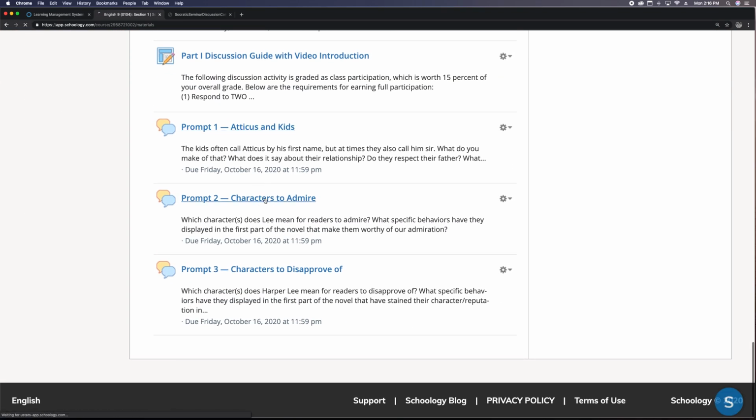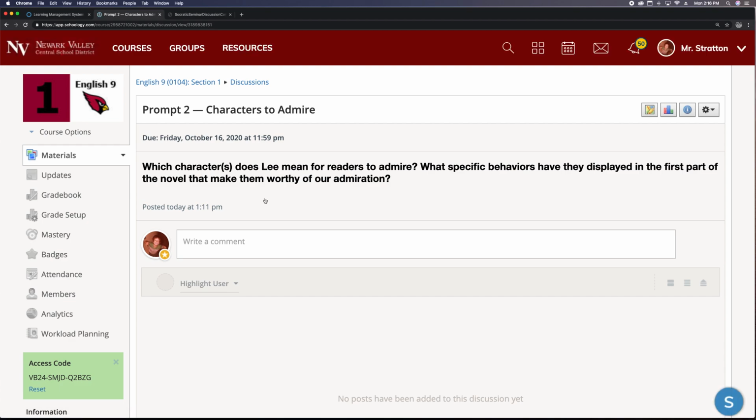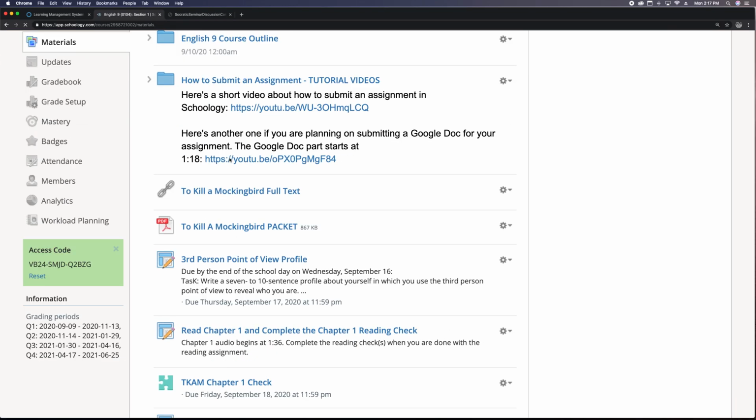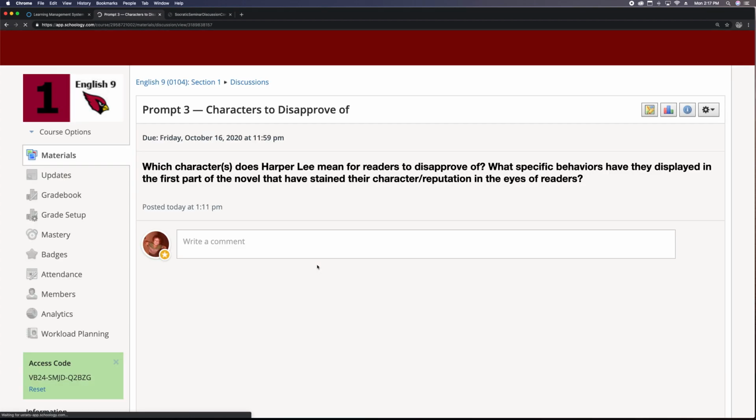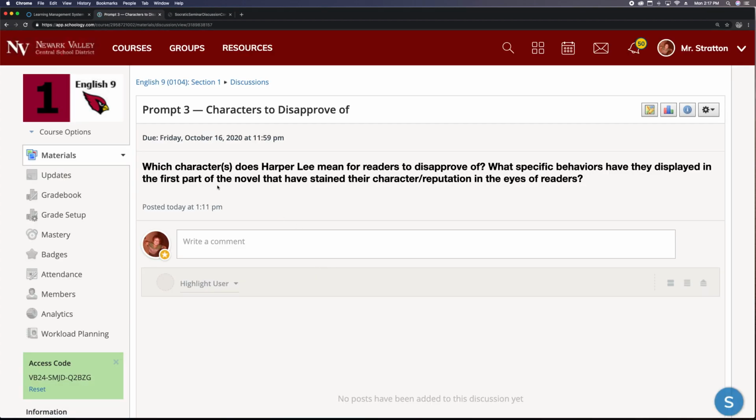Prompt 2, it's pretty general, and it reads, which character or characters does Harper Lee mean for readers to admire? What specific behaviors have they displayed in the first part of the novel that make them worthy of our admiration? And again, here's where your response goes. And prompt 3 is really just the antonym or the opposite of prompt 2.